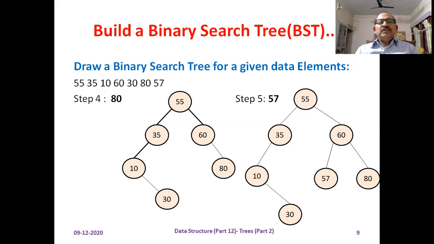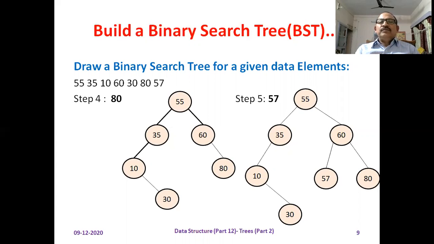Again we will compare this 80 with 60. Here we see 80 is greater than 60. Again we will go in the right subtree, and attach this 80 as the right child of node 60, because 80 is greater than 60.